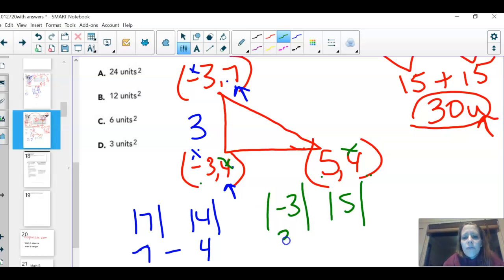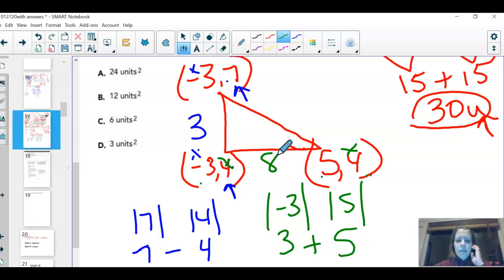I find the absolute value, 3 and 5. Yo voy a encontrar el valor absoluto. And I have 3, and I have 5. This one's negative, and this one's positive. Este es negativo, y este es positivo. So I am going to add them. Y entonces tengo que sumarlo. So I have 8. So now I would think, oh, maybe I'll multiply them.